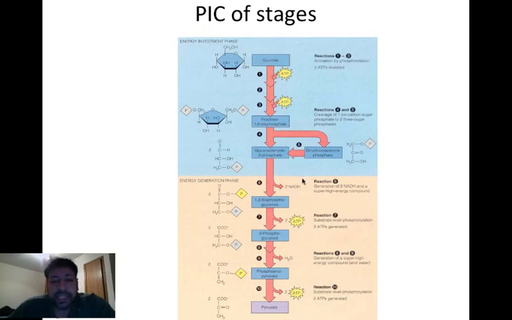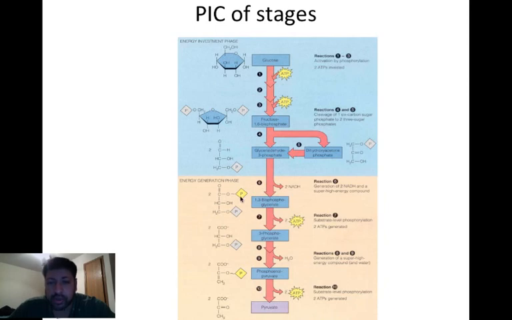And then in the second phase of glycolysis, still stage 1 of the overall process of cellular respiration, we start to see that we are going to start generating some things. So here we are going to generate 2 NADH, and now we're going to go from G3P to 1,3-bisphosphoglycerate.